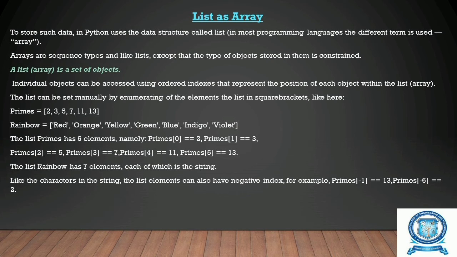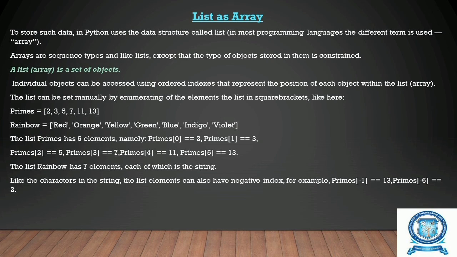The given example here is primes, a list which has the elements 2, 3, 5, 7, 11 and 13. The index value starts from 0, so 2 will be at index 0, 3 at index 1, 5 at index 2, 7 at index 3, 11 at index 4 and 13 at index 5. So the index values of the primes list go from 0 to 5.